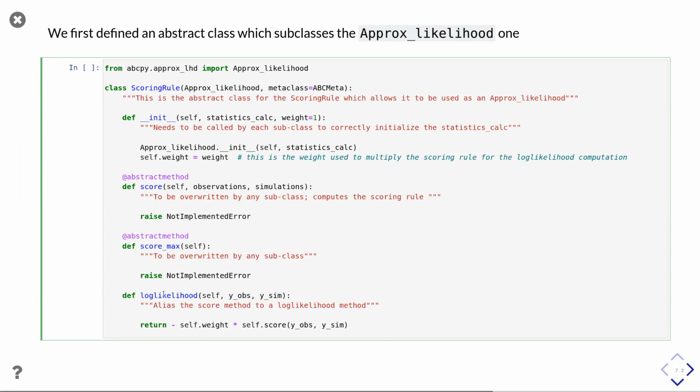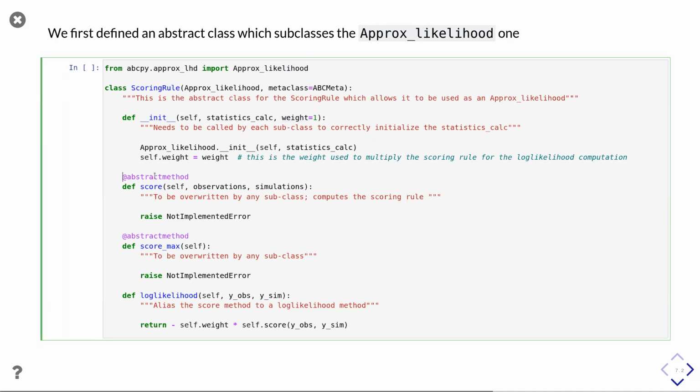For instance, here you can see I'm defining this scoring rule class, which subclasses the approximate likelihood class so that it inherits the methods the approximate likelihood class implements. There you have an initialization method to which you need to pass a summary statistics calculator, as well as the weight W which you want to use in the inference scheme.